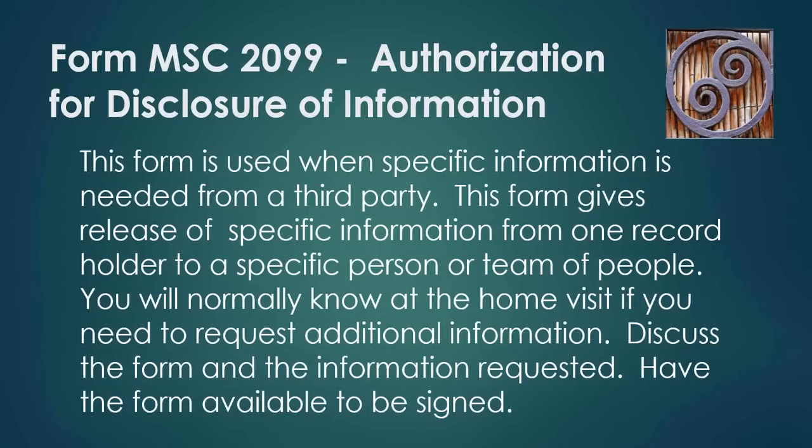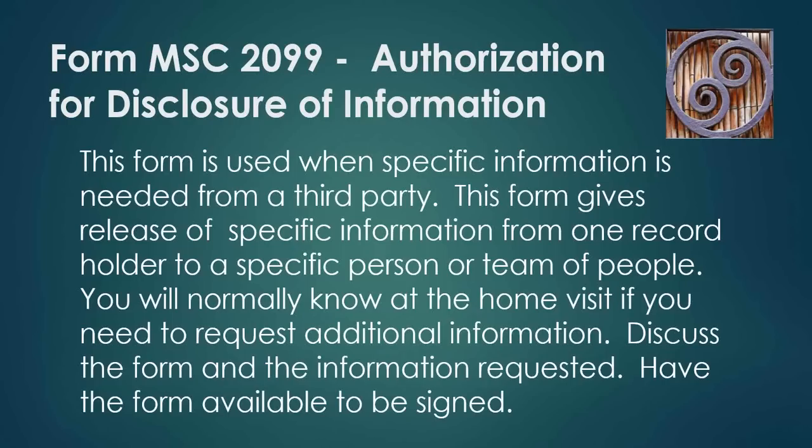Well, what we need, according to the rules, is documentation from their physician about their diagnosis for MS. So we would use the 2099 to specifically pinpoint a specific doctor asking for a record that shows their diagnosis of MS, and that is going to be released to you, and then the client will sign the form. So that's a good example of when we might need medical information.